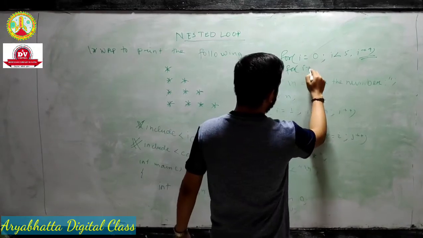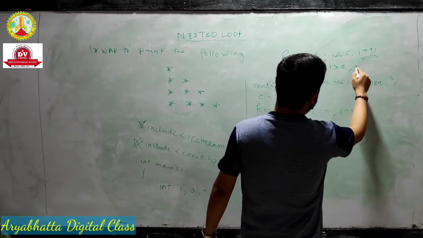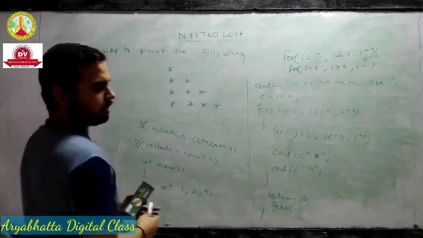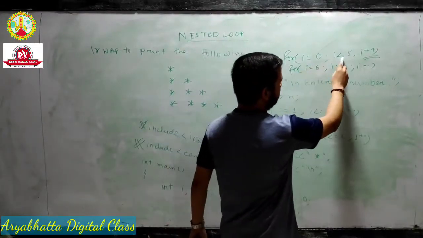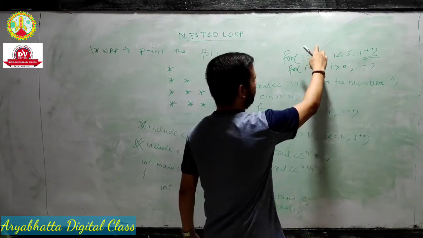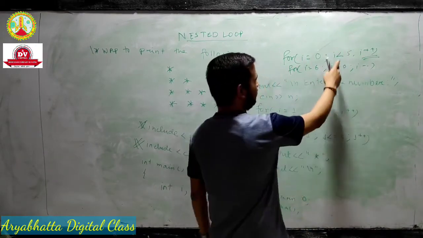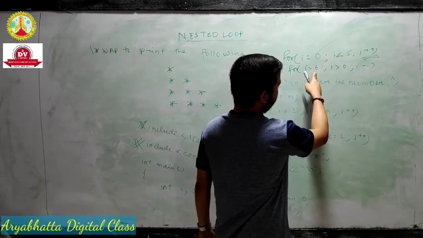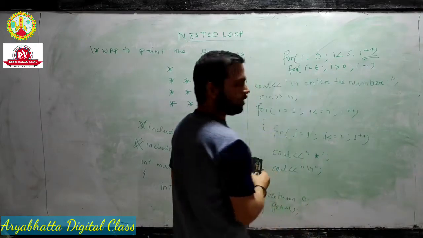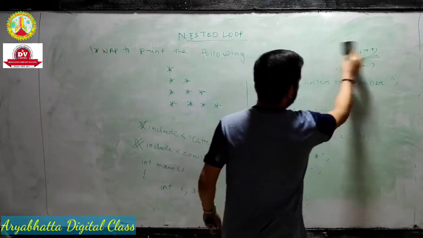Suppose you take this one for decrement like that. This is initialization, condition check, increment, and initialization, condition check, decrement. This goes from 0 to 4 because it is less than 5, and this decrements 6, 5, 4, 3, 2, 1 because it is greater than 0. It is simple. In an earlier class we already discussed it.